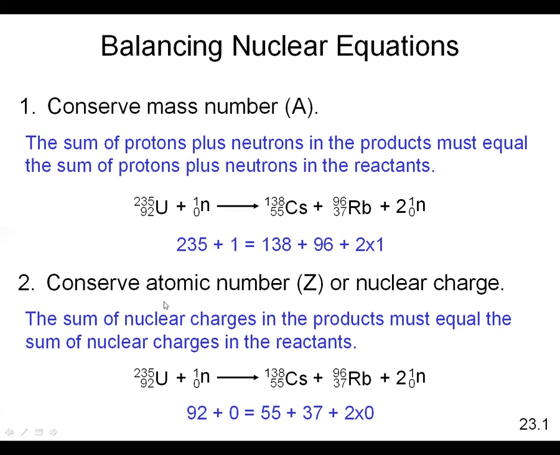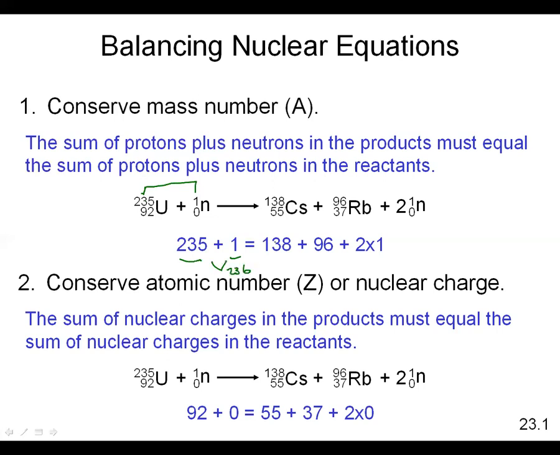So basically, when you go to balance a nuclear equation, what you have to make sure of is that when you add up all the mass numbers on the left-hand side, here we have 235 and 1, which gives us a grand total of 236.